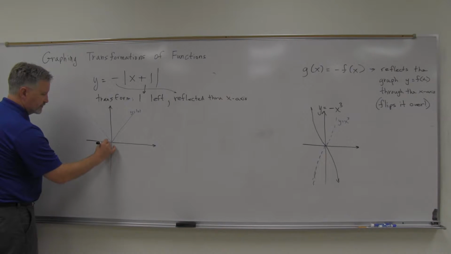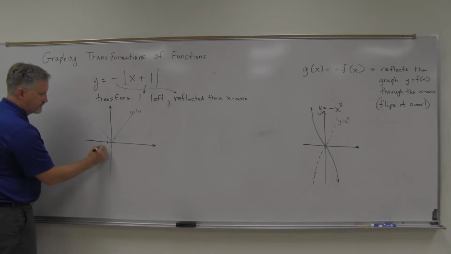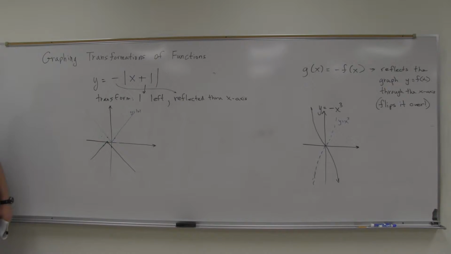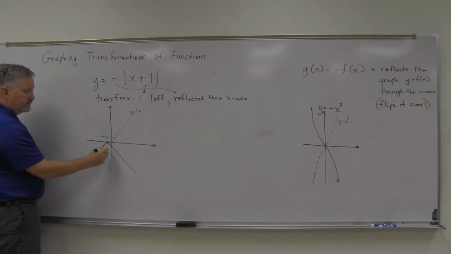Like this. Again, if you follow some points, of course that point doesn't get reflected, but if we follow this point, one to the left, and then it flips it down, so now this point's down here, and this point's over here. One to the left, and then flip it over. So really what that means, if this point, we move it one to the left, and so it's at +1 still, and so it's going to be at -1 down here.